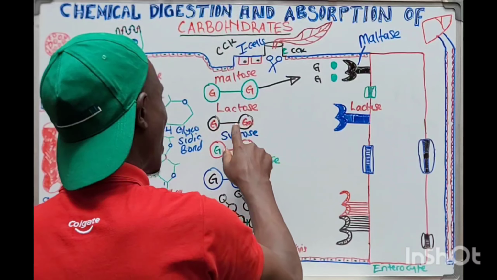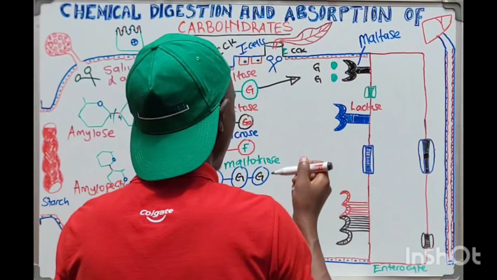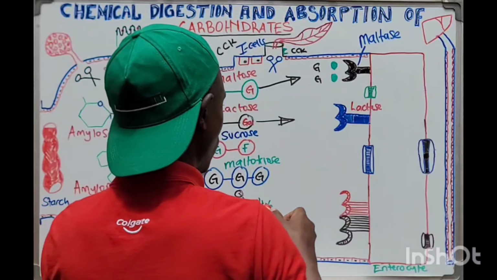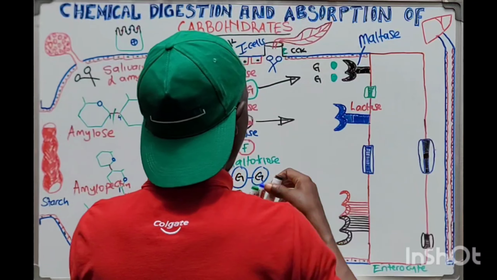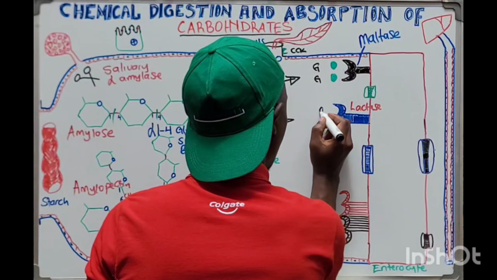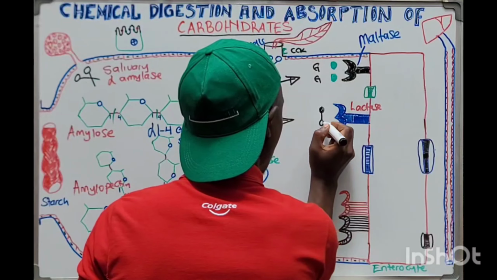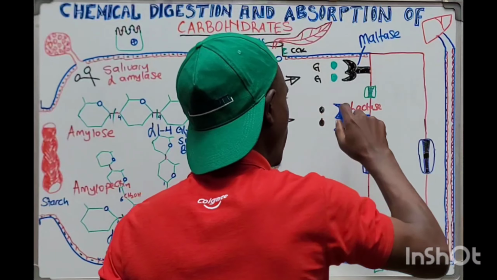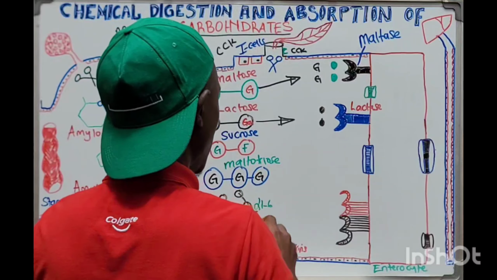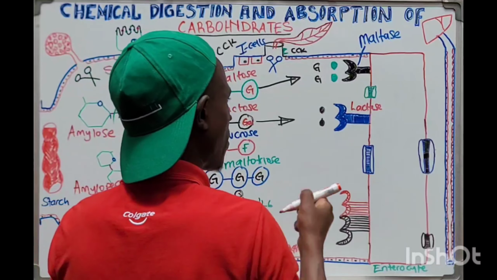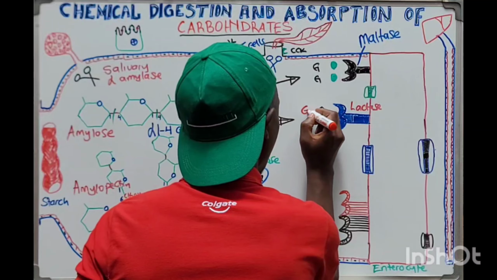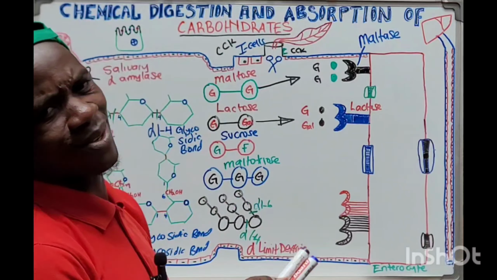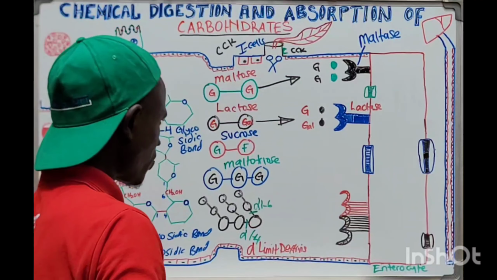So the lactose moves and goes onto the structure of this enzyme we call lactase. When the lactose comes onto the lactase enzyme, this enzyme will break the 1,4-glycosidic bond, leading to the formation of two monosaccharides, glucose and galactose. It's all that simple, okay?